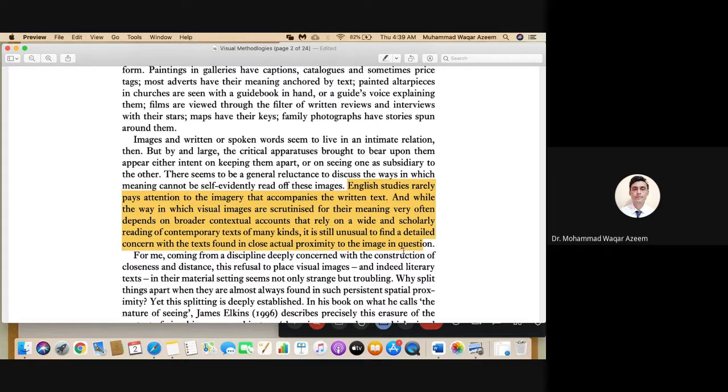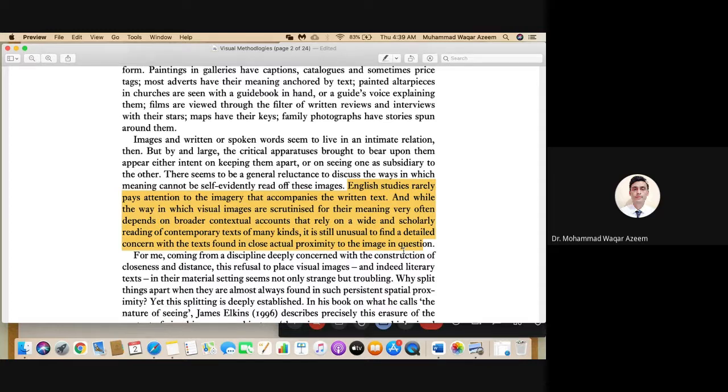in question, right? So this reluctance, maybe your generation may not be aware of it much, but for a certain generation, many people will bear witness to the fact that readers have always been reluctant to take into account the accompanying images in any literature text.